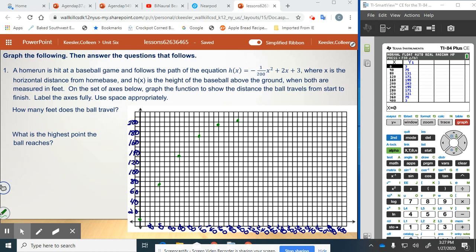And then the rest is going to be symmetric with those points on the other side. So 240 is back to 195. So making sure they line up as I'm estimating. 280 is at 171. 320 is at 131.